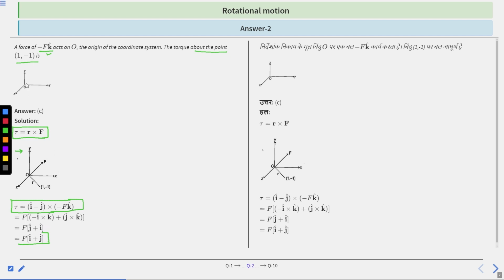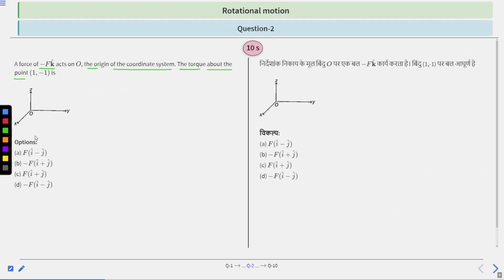I cap is the direction of the x-axis, j cap the direction of the y-axis, and k cap the direction of the z-axis. Clear? So the correct answer is C. F (i cap plus j cap) is the correct option.